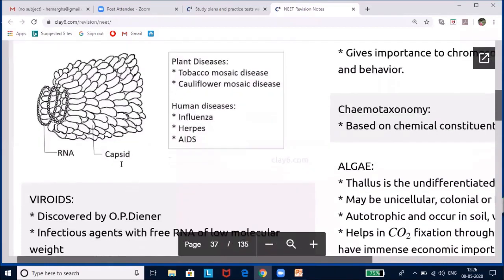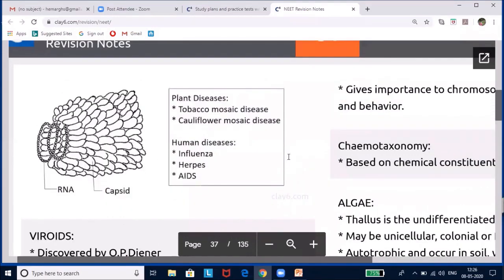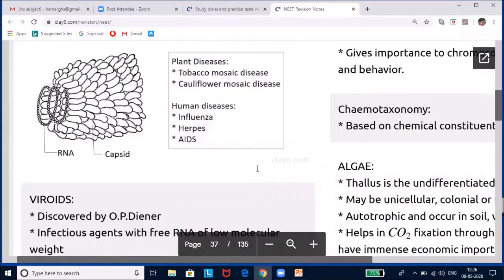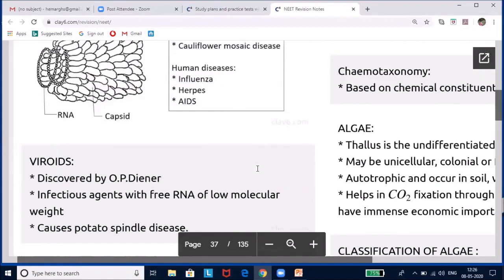When the integrity of the capsid is broken down, the virus can be destroyed. Plant diseases: tobacco mosaic virus, cauliflower mosaic virus; human diseases: influenza, herpes and AIDS. There are many diseases, but from your exam point of view, if you learn this, it is fine.